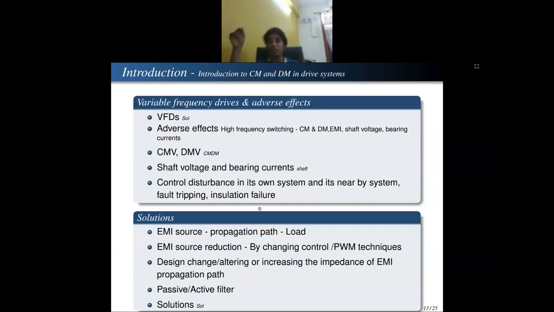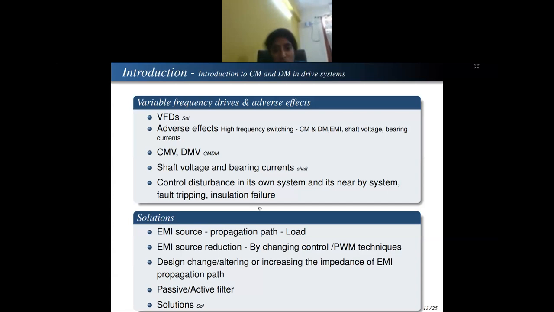If your converter is placed at one end and your motor at the other, a very large distance away, the cable will reflect the voltage at a higher level. Eventually, it will spoil the insulation of the motor. So these are all the issues because of conducted EMI, common mode voltage or differential mode voltage in the drives.